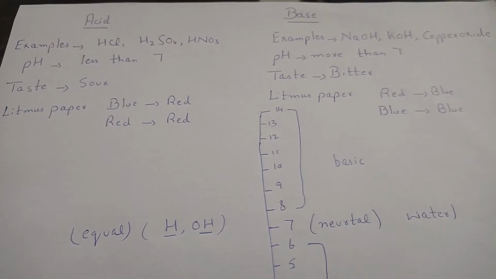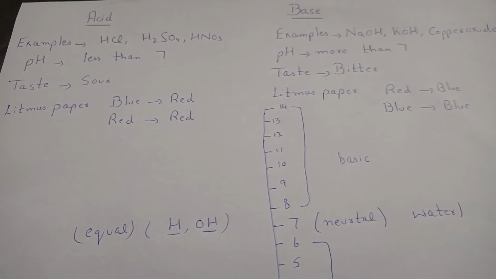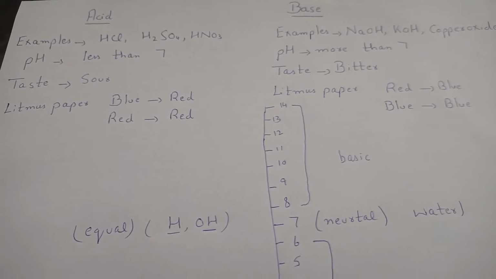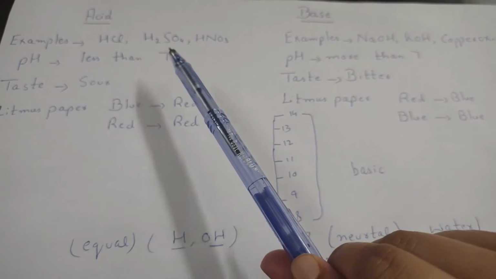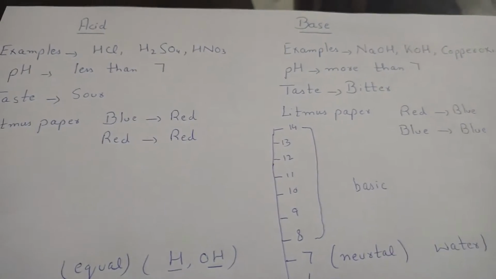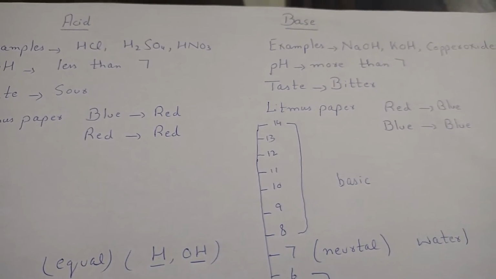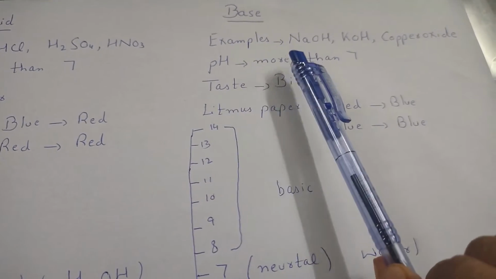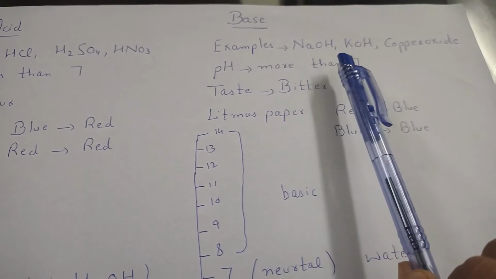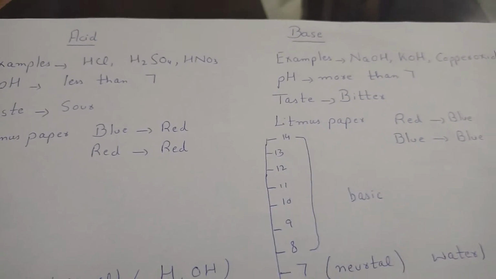Now I will discuss the difference between acid and base. If we talk about acids: hydrochloric acid, sulfuric acid, nitric acid, carbonic acid, citric acid. And whenever we talk about bases, some examples are sodium hydroxide, potassium hydroxide, copper oxide.